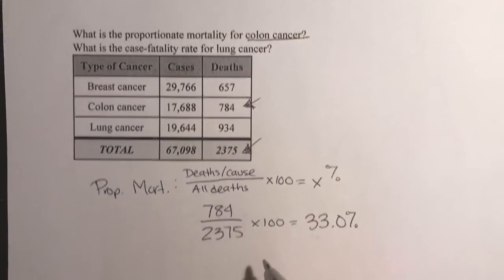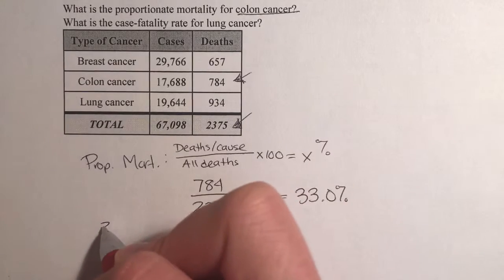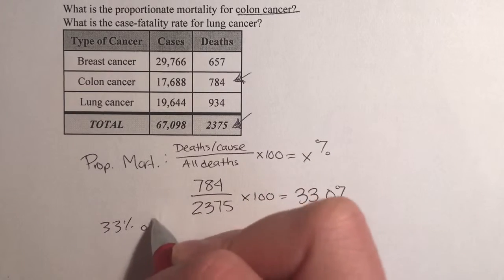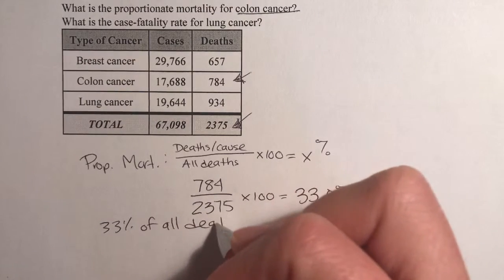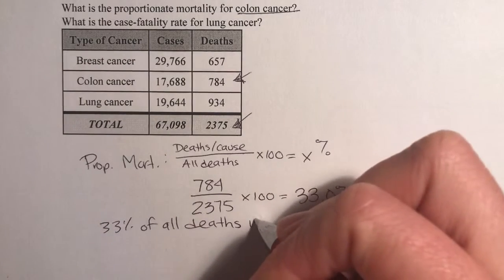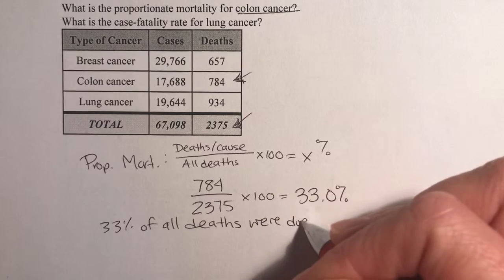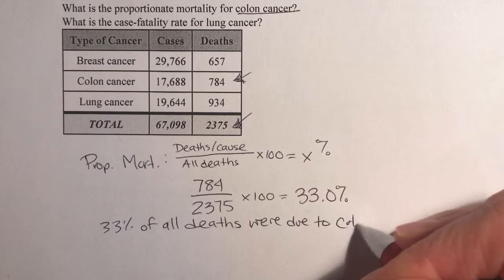So if we're going to interpret this value, what it's telling us is that 33% of all deaths in this population, or cancer deaths, were due to colon cancer.